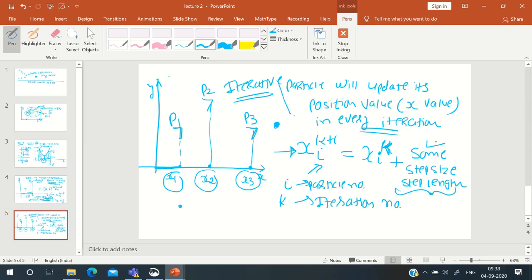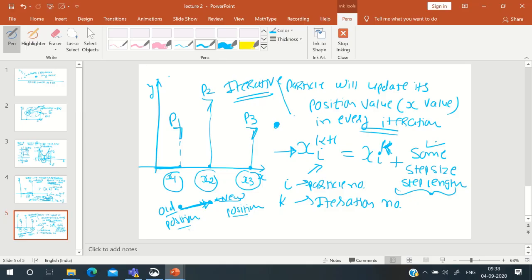Every particle, let us say this is the initial position, will take some step size and ultimately reach the new position. This is the new position, this is the old position. So new position is equal to old position plus something. This something is nothing but the step size.